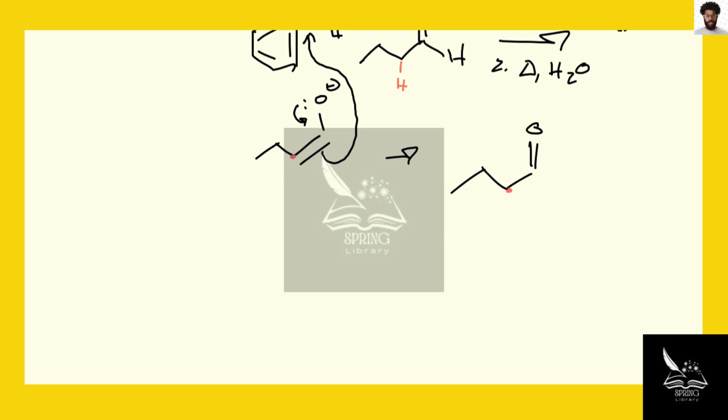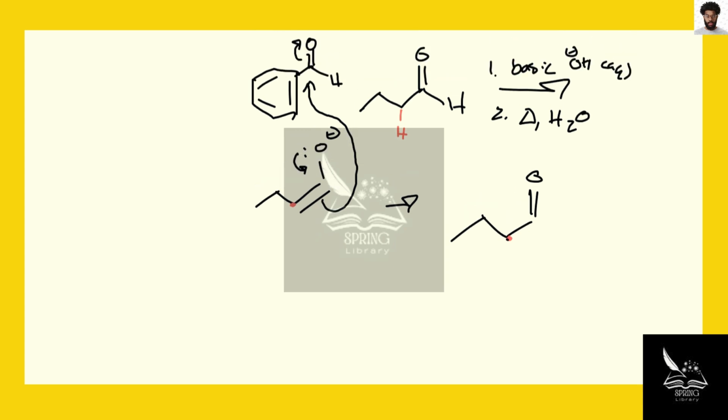Meaning that if I mark our aldehyde in blue, just to give you an idea of the carbon skeleton, it's this red carbon here that will have a bond to this blue carbon attached to the phenyl and our O minus here.